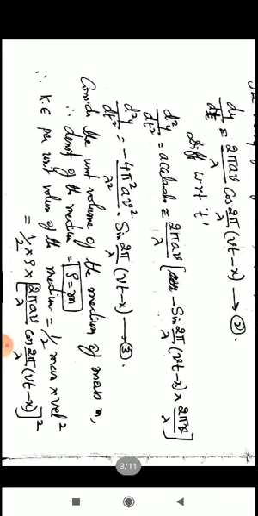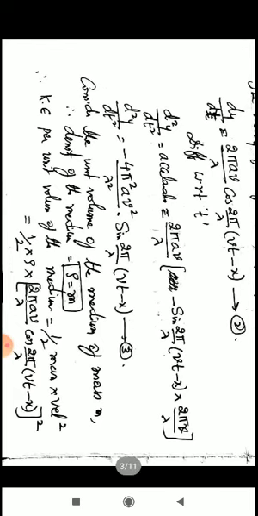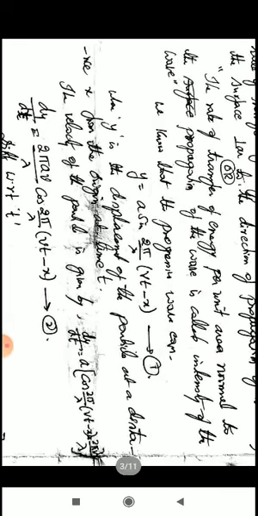Here the kinetic energy per unit volume of the medium is half mv², that is half mass into velocity squared, that is half into ρ into (2πav/λ cos(2π/λ)(vt − x)) whole squared.